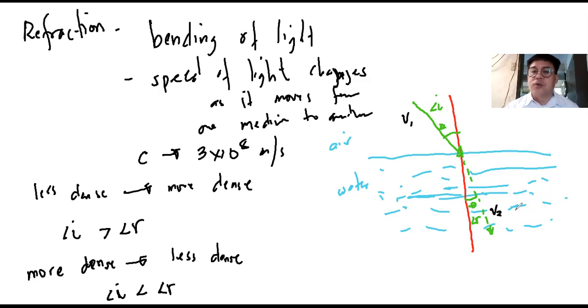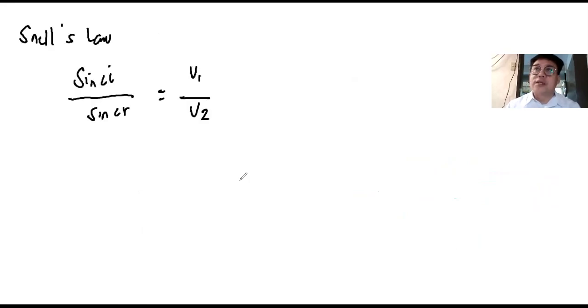So we have your velocity 2. So the ratio of the sine of the angle of incidence and the sine of the angle of refraction is equal to the ratio of the velocity in the first medium divided by the velocity in the second medium, right?